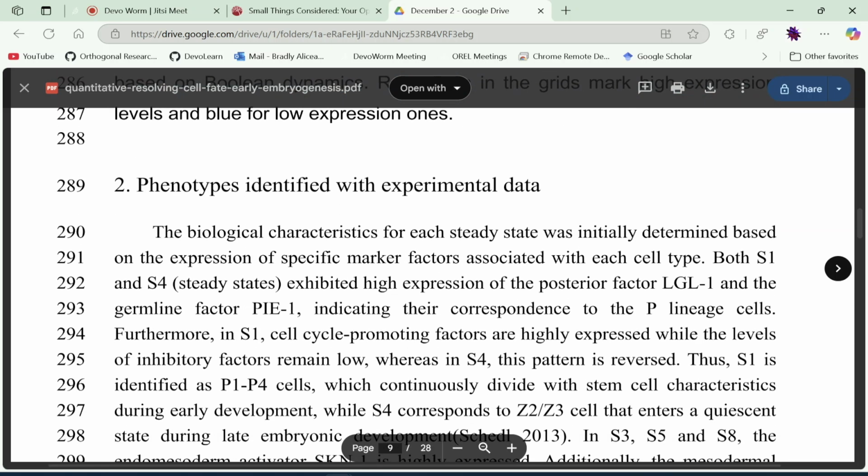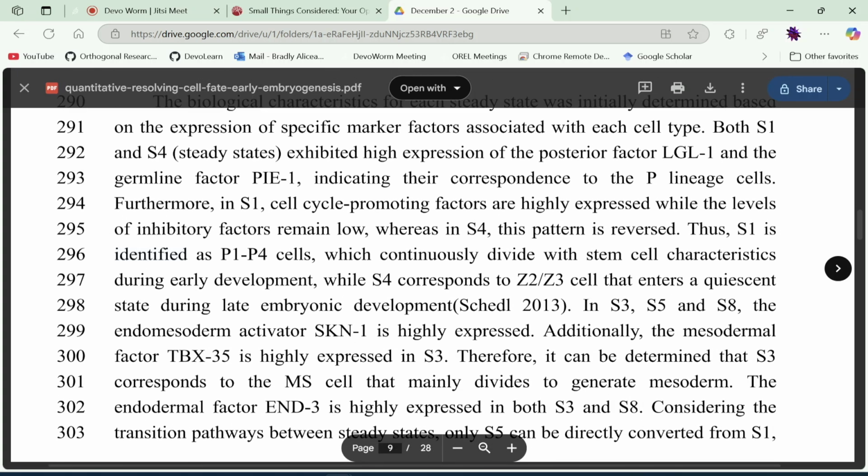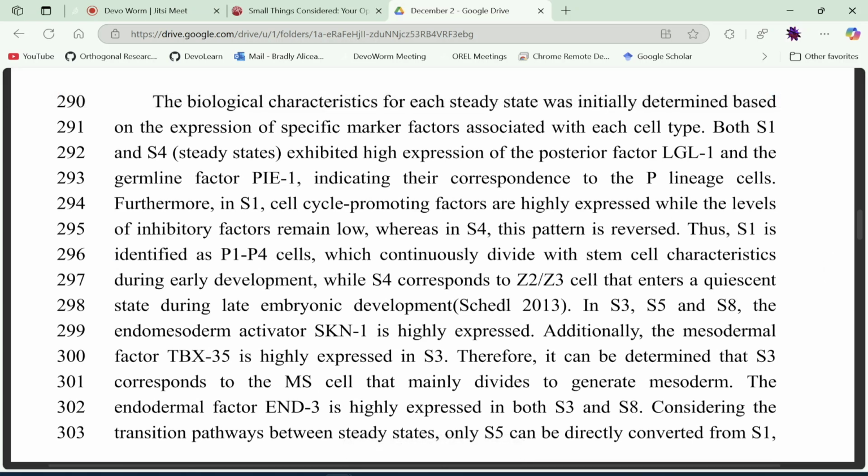Then they had the phenotypes identified with experimental data. This is where they went and looked at these steady states and tried to find these in experimental data. So they were able to identify that both S1 and S4 steady states exhibit high expression of the posterior factor LGL1 and the germline factor Pi1, indicating their correspondence to the P lineage cells.